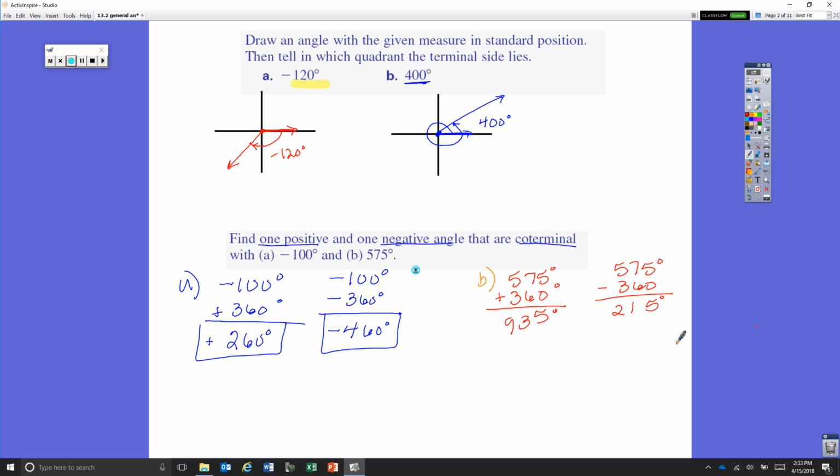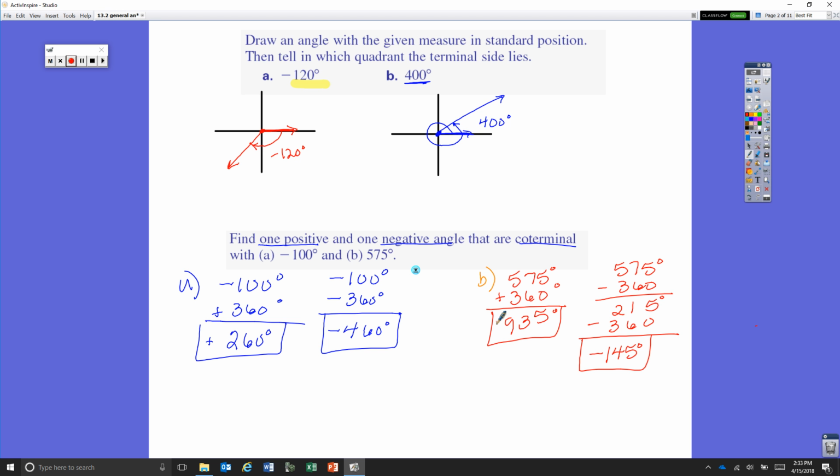That's still a positive 215. So I'm going to have to subtract 360 again. That brings me to negative 145. There I have one negative and one positive.